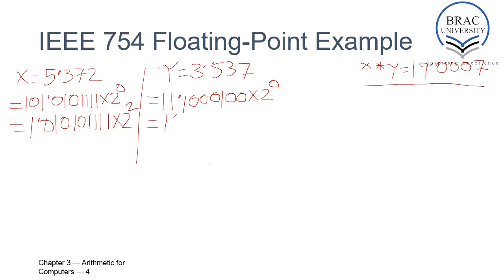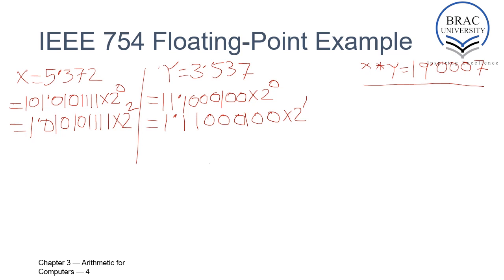So the normalized form would be 11000100 into 2 to the power 1. Okay, so the multiplication would be, let's erase this one.